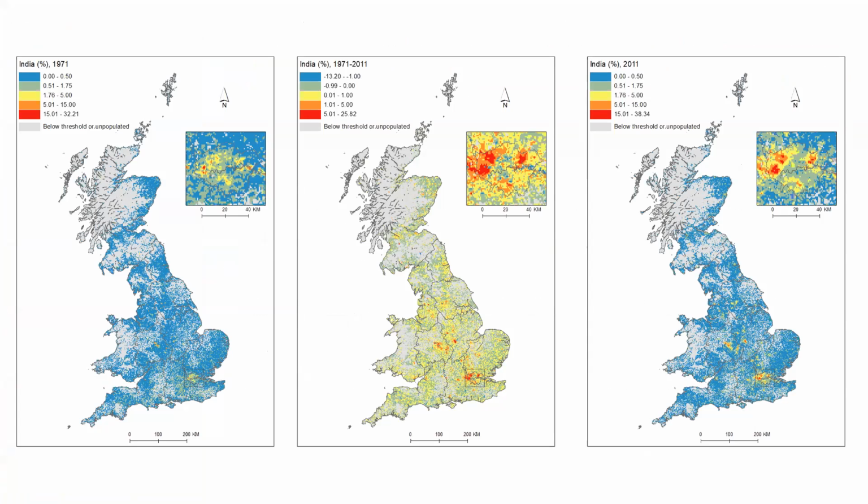So in the very left map, this is the proportion of people in each grid square who were born outside of the UK and who were born in India. And on the very right, the same, but for 2011. And the map in the middle shows the change between 1971 and 2011.